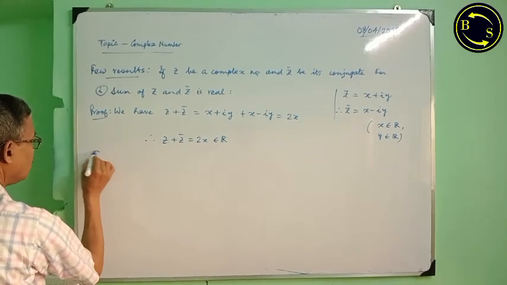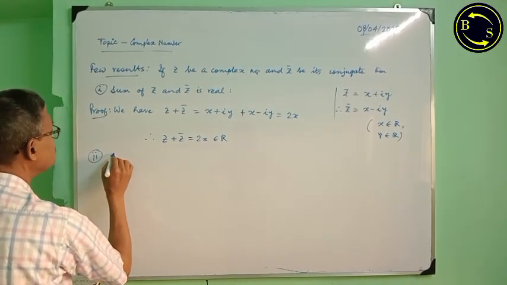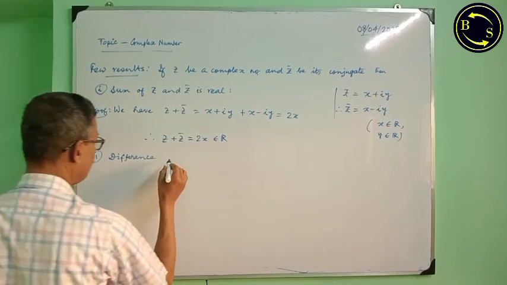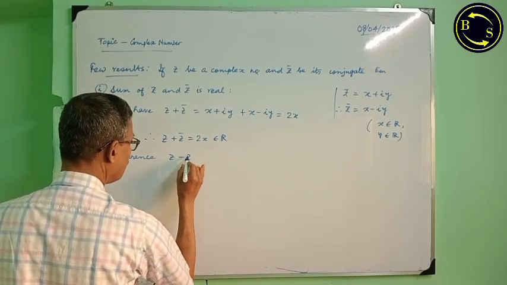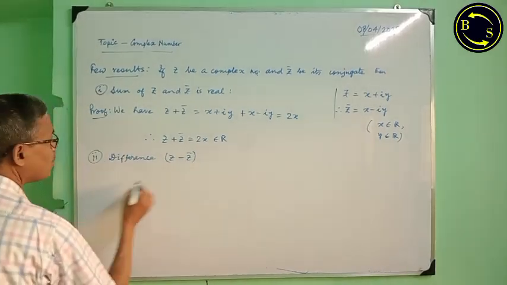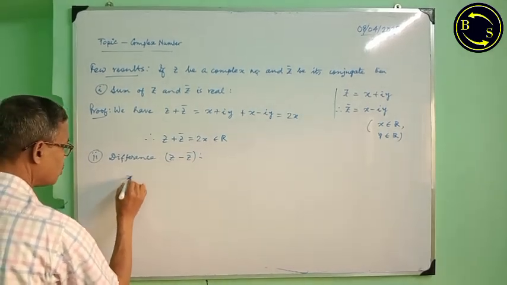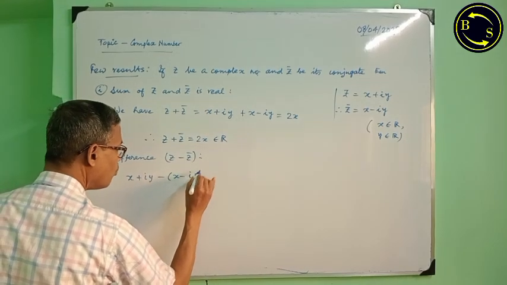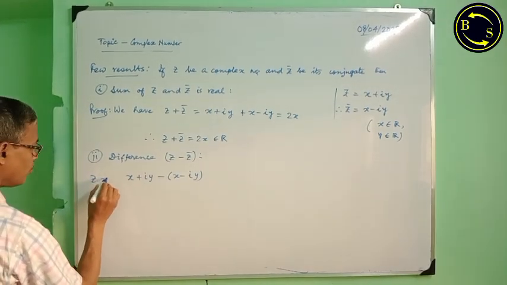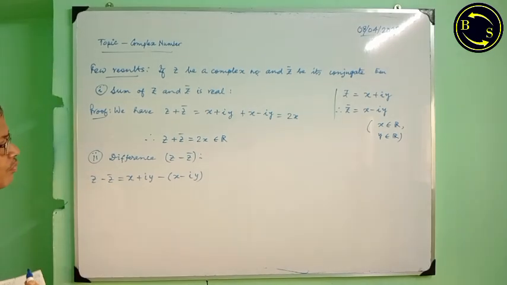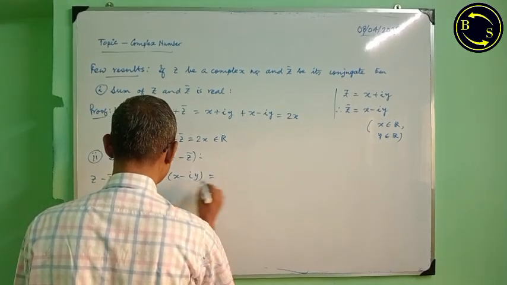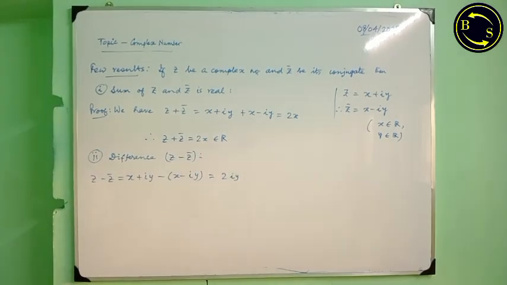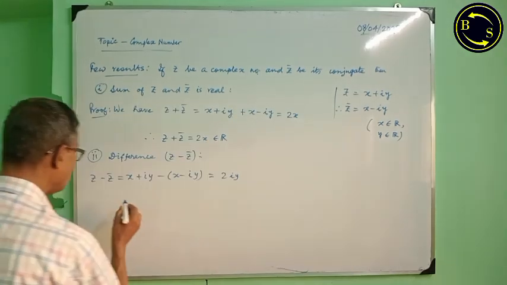Then, difference. We calculate z minus z bar, then after simplification it will be 2iy. z minus z bar will be 2iy.